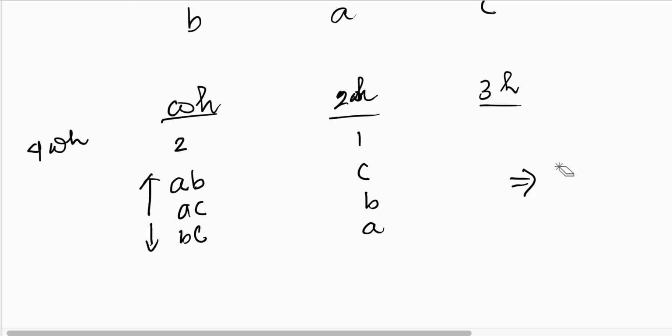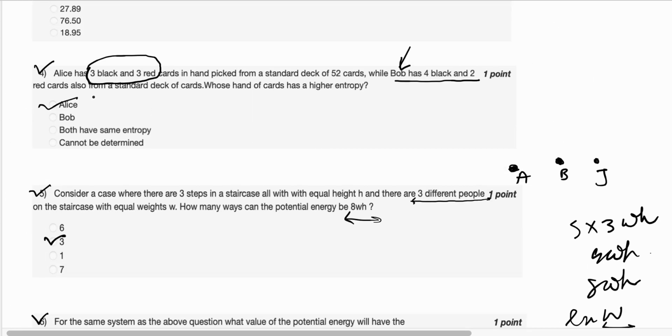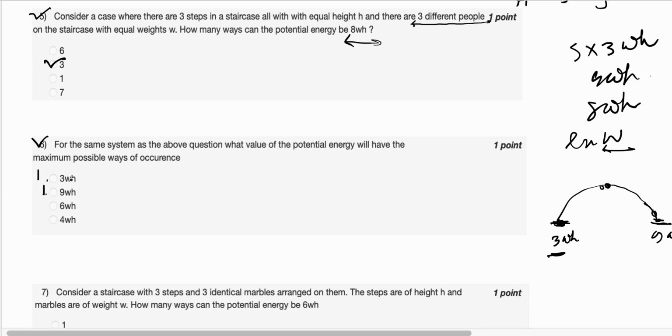So there is one possible way to get 3 omega h, and 6 possible ways to get 6 omega h, and 3 possible ways to get 4 omega h.